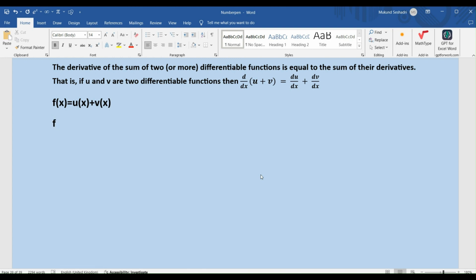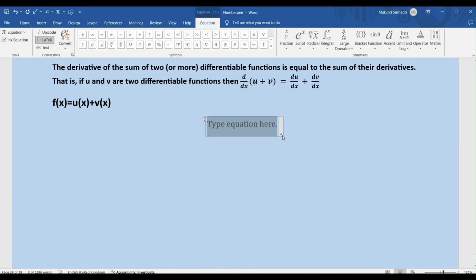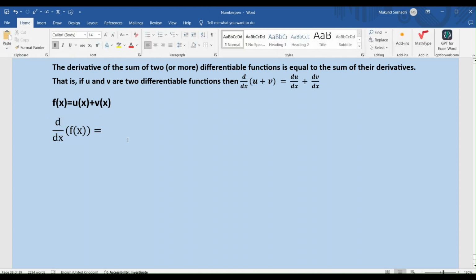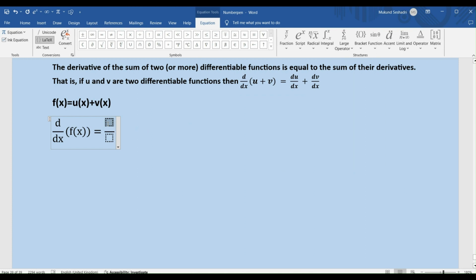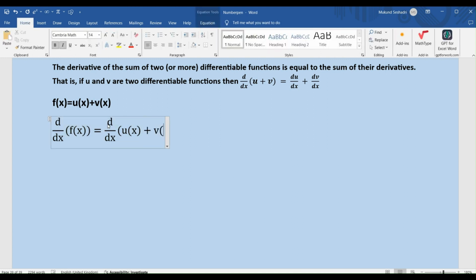So, what is my f dashed of x, right? My f dashed of x is nothing but my d by dx of f of x, right? So, let's write that. So, my d by dx of f of x is equal to my d by dx of u of x plus v of x, right?